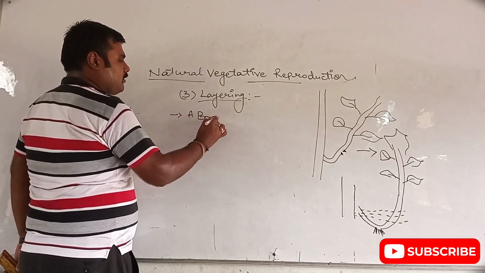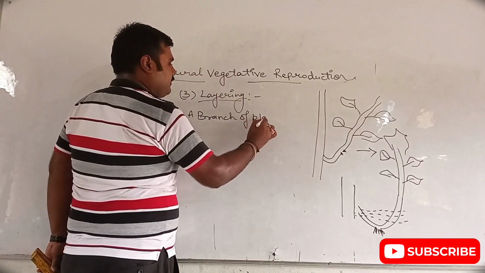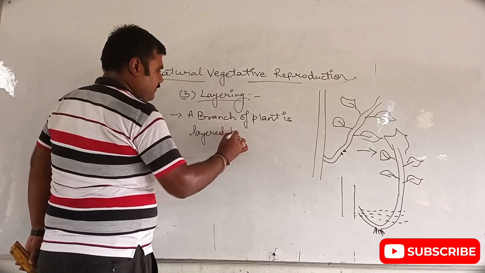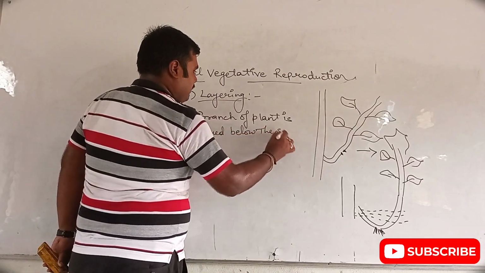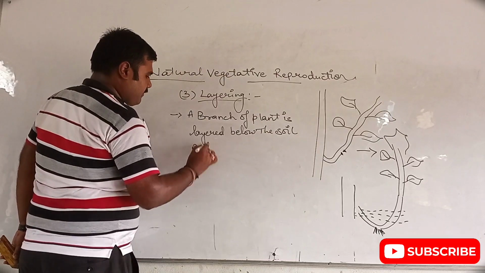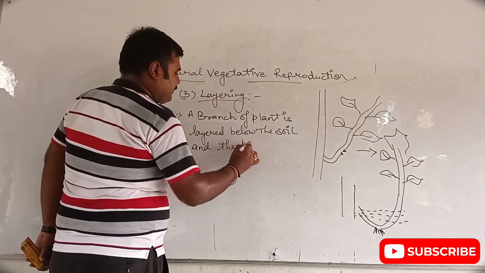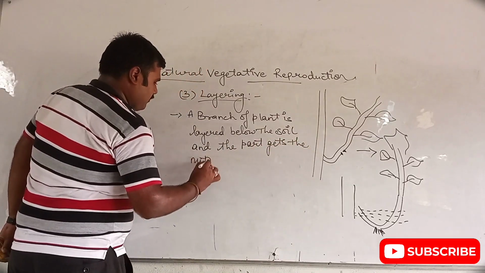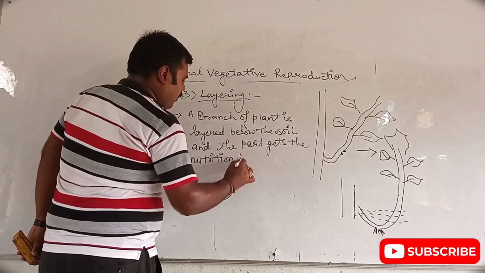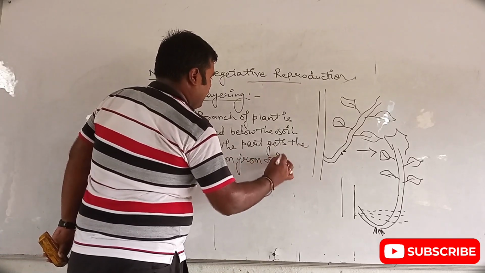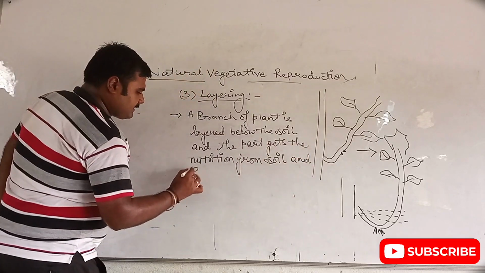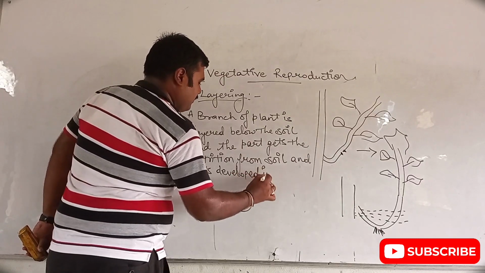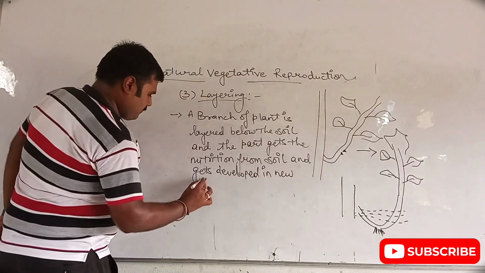A branch of a plant is layered below the soil, and the part gets the nutrition from soil and gets developed into a new plant.